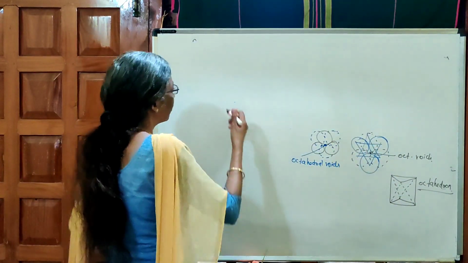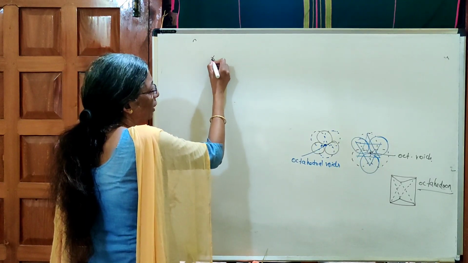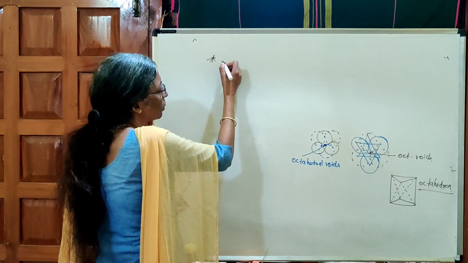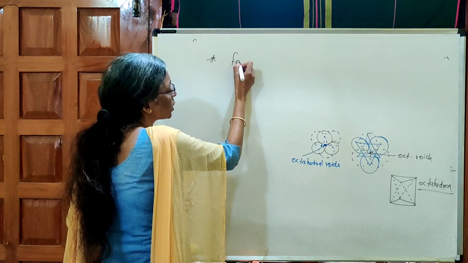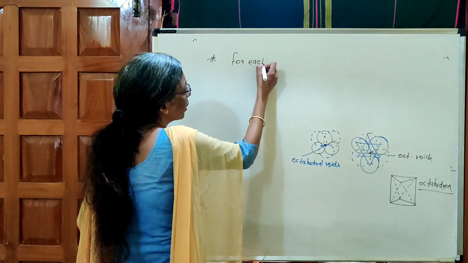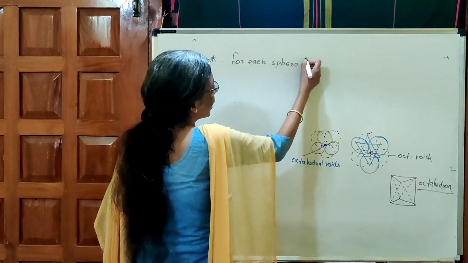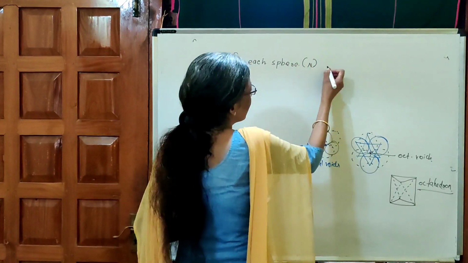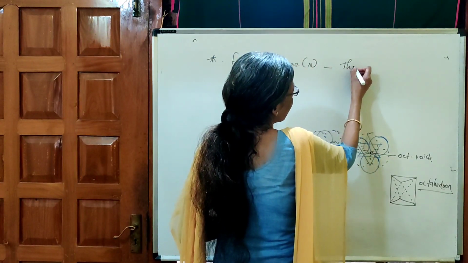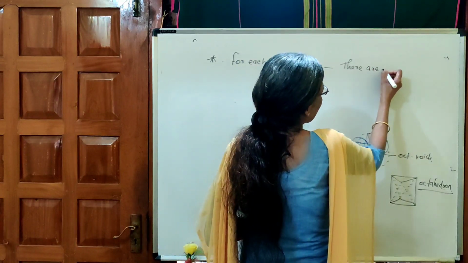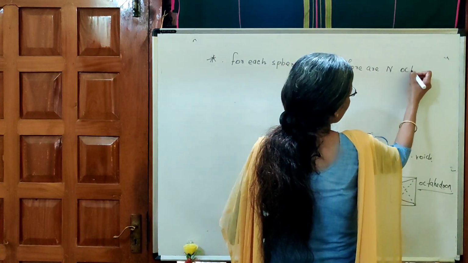Now see here, a very, very important point, note it down. Number 1, for n spheres there are n octahedral voids.